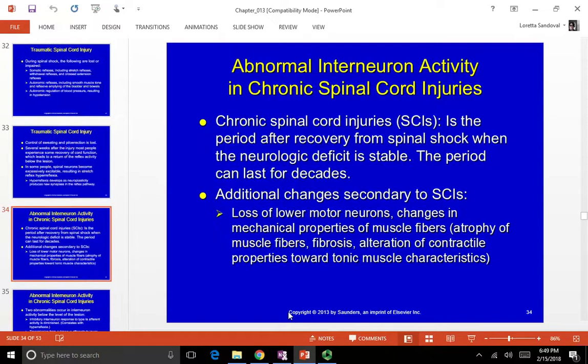A lot of times in chronic spinal cord injuries, which is the period after recovery from spinal shock, when the neurological deficit is stable, that is called the chronic period, and the period can last for decades. So a lot of times right after their spinal cord injury, the person is in inpatient rehab and getting a lot of therapy. Then they might not be in therapy for a while, and they come back later on.